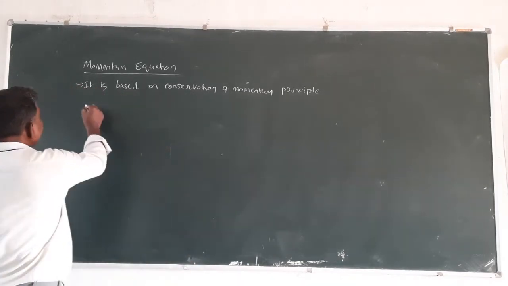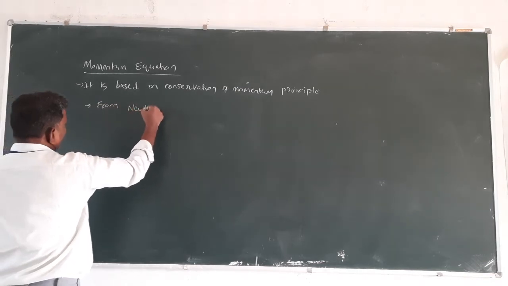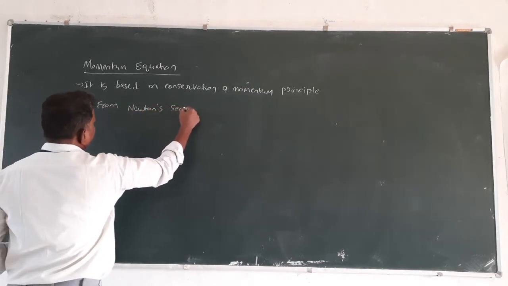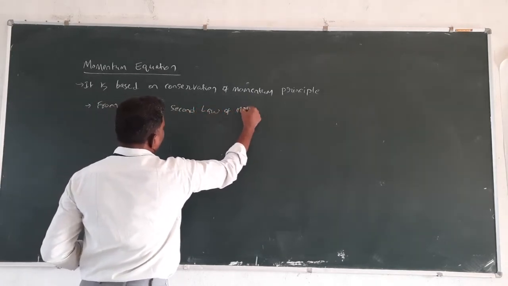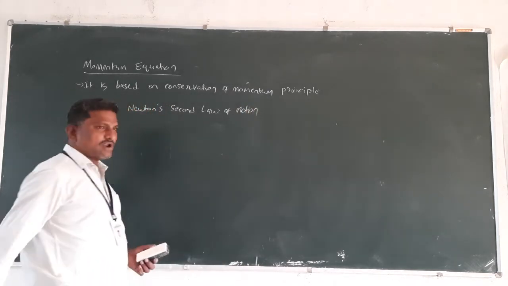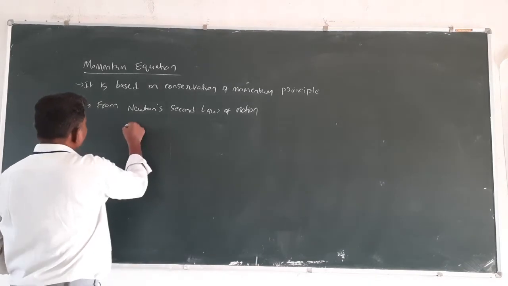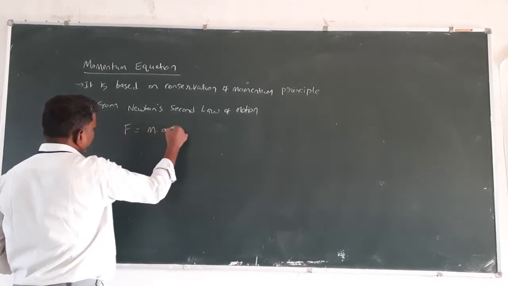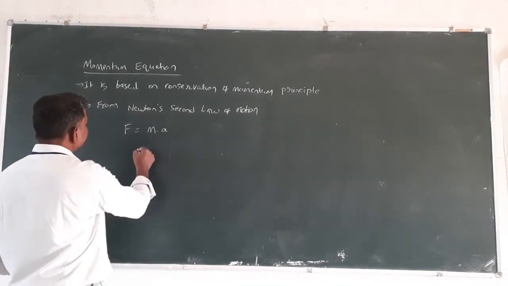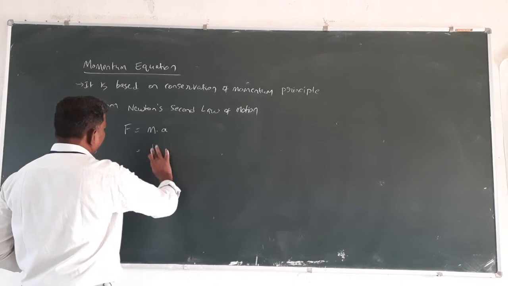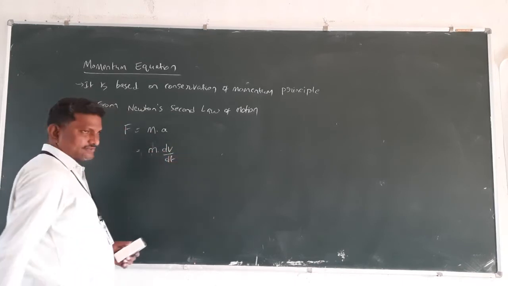Okay, from Newton's second law of motion, F is equal to ma. a is nothing but dv by dt.